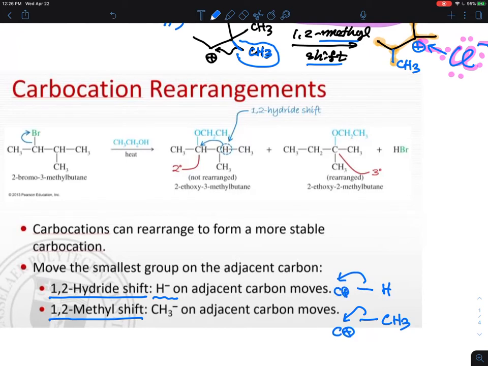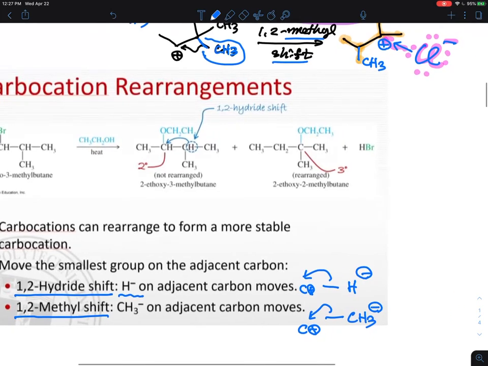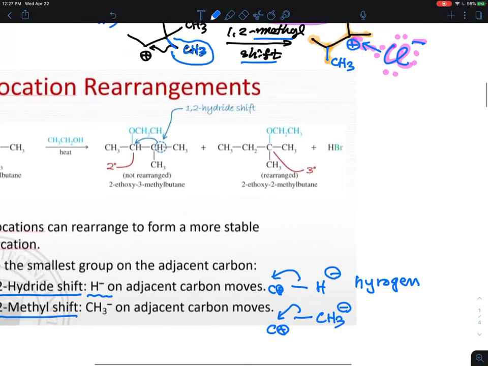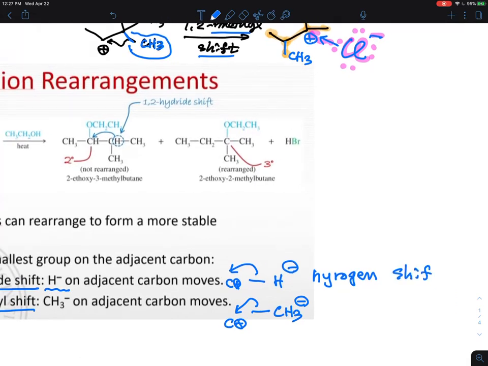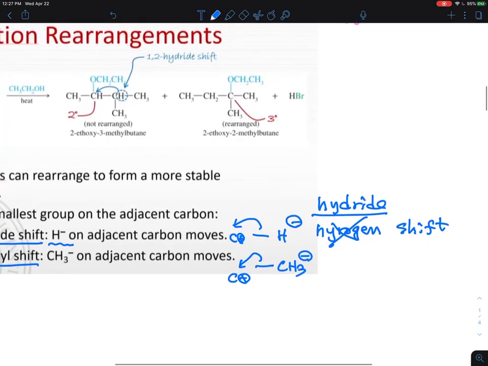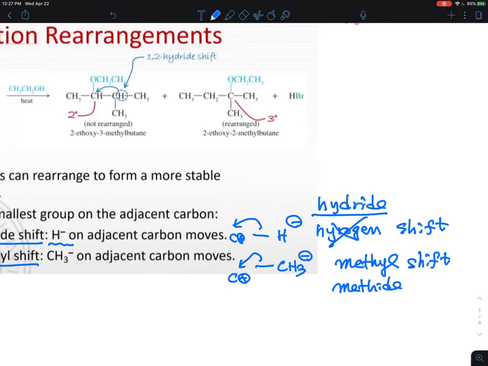And in reality, the formal charge is negative here. That's why we don't say hydrogen shift. Instead, we call it hydride shift, because this is a negative ion. In the same way, people should call it methide shift, right?